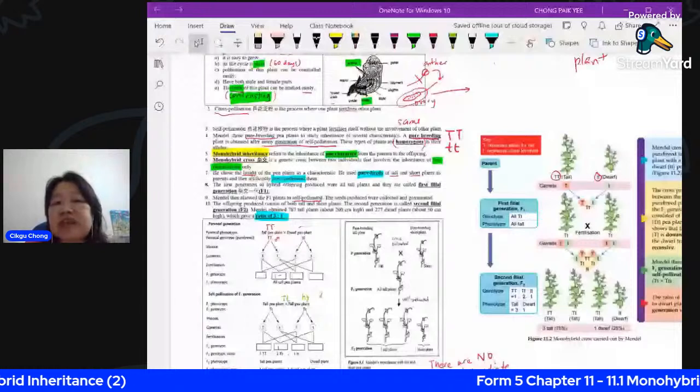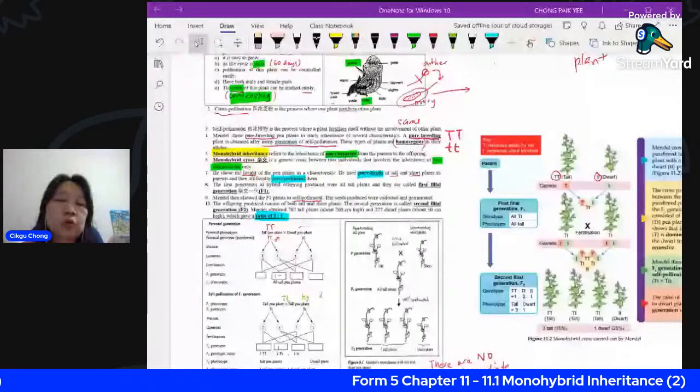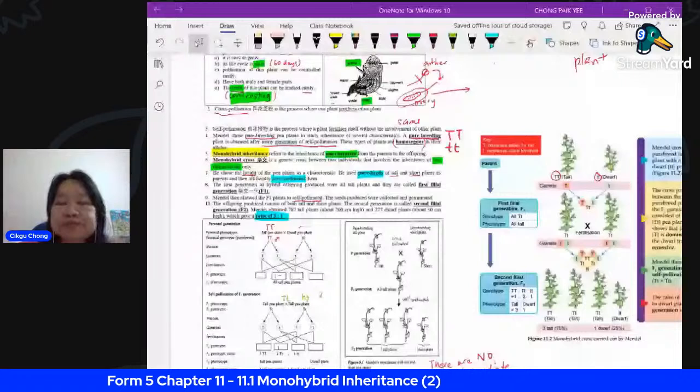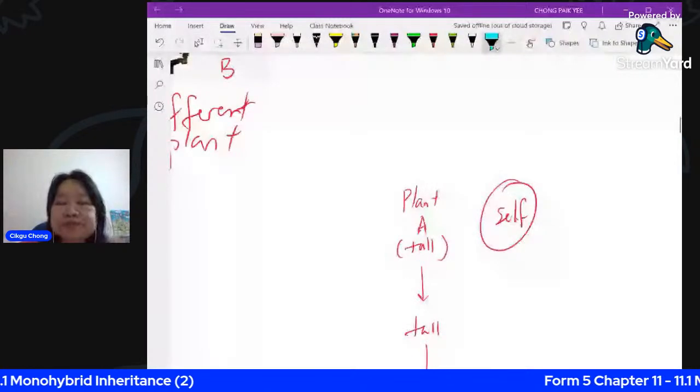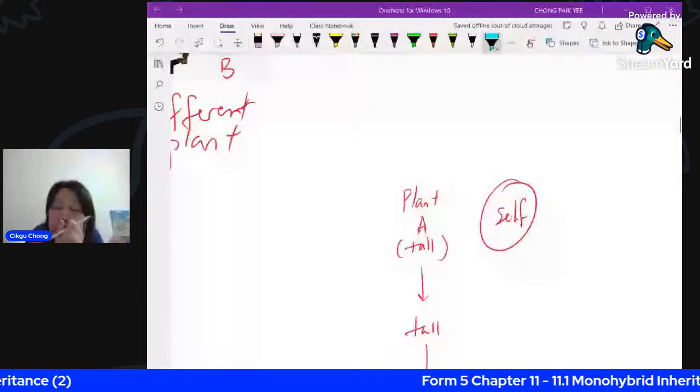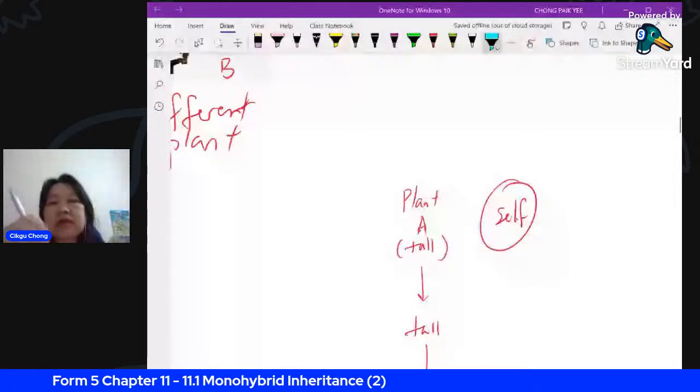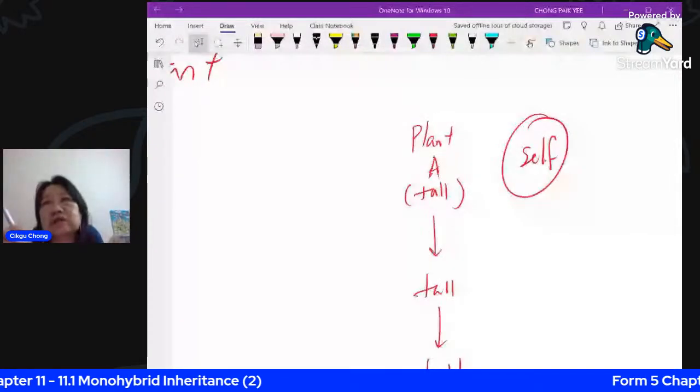How do you know whether that plant is a pure breed? Very simple. Let me give you this scenario. If I want to know whether this plant is a pure breed or not, I take the pollen grain of this flower on the plant, and I put it on the stigma. So that means self-pollination.